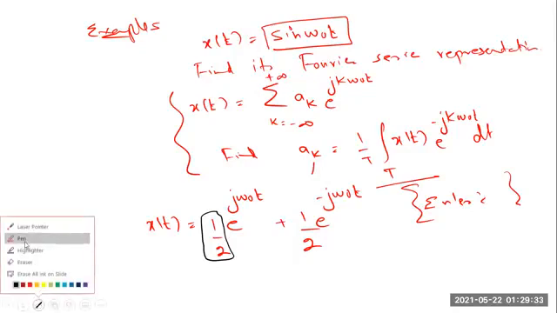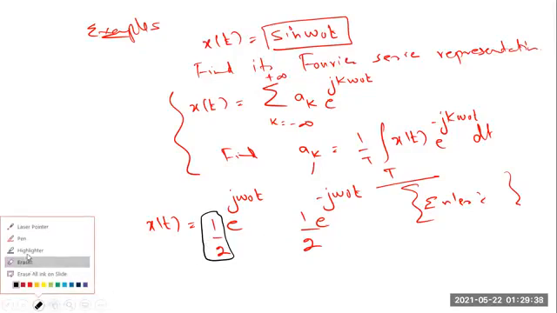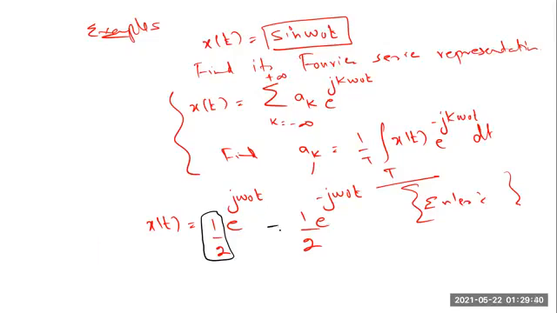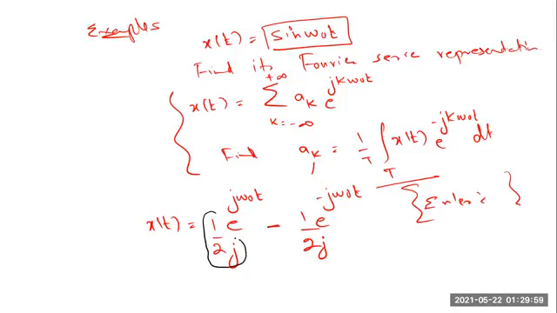Let me correct that one. x of t equals sine omega naught t is equal to 1 over 2j e raised to power j omega naught t, and minus 1 over 2j e raised to power minus j omega naught t. What are these two numbers?